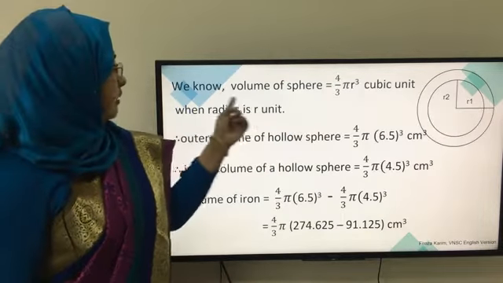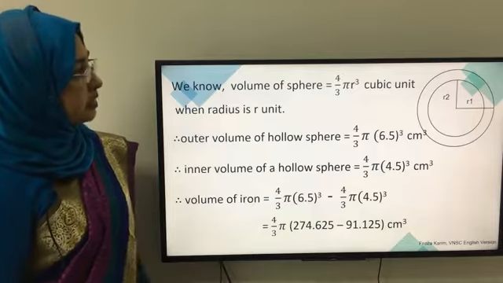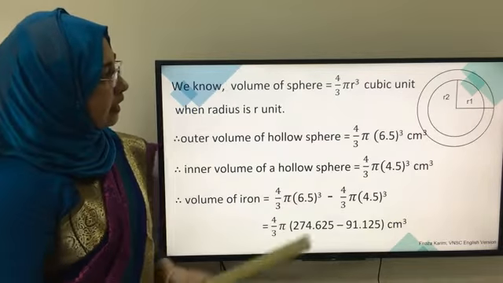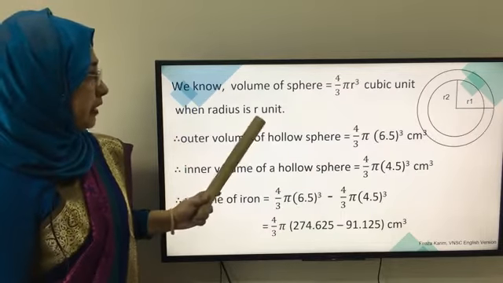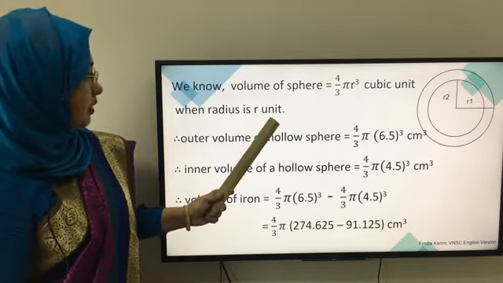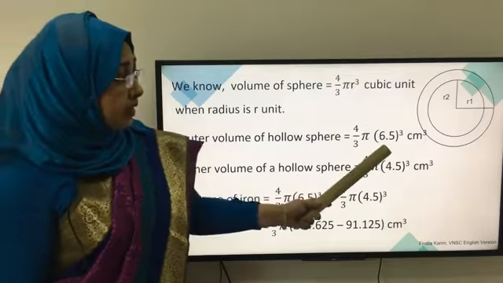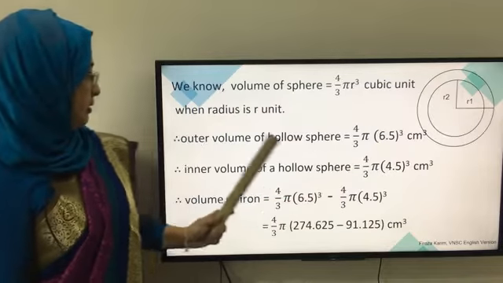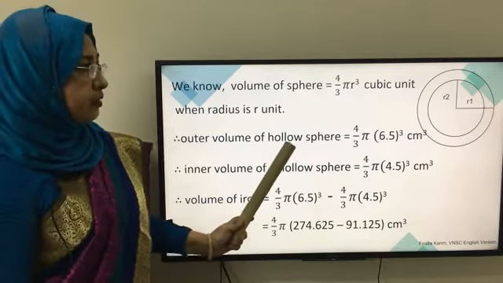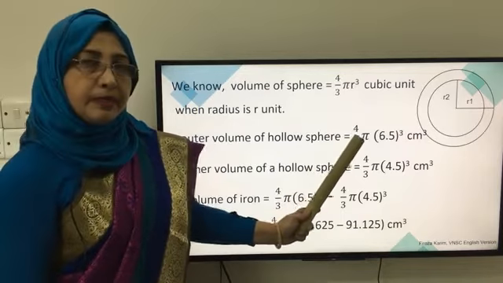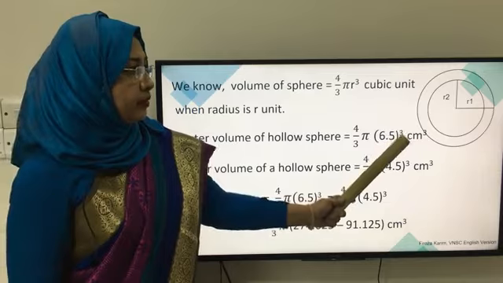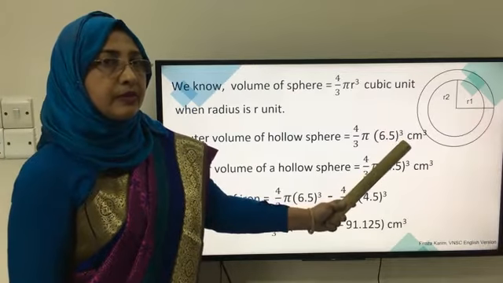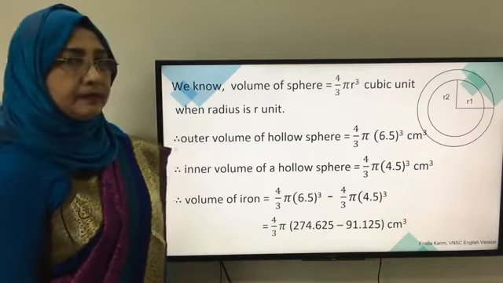We are writing: volume of a sphere is 4 by 3 pi r cubed cubic unit when the radius is r unit. So when the radius is 6.5, the outer volume of the hollow sphere will be 4 by 3 pi into 6.5 whole to the power 3 cubic centimeter.